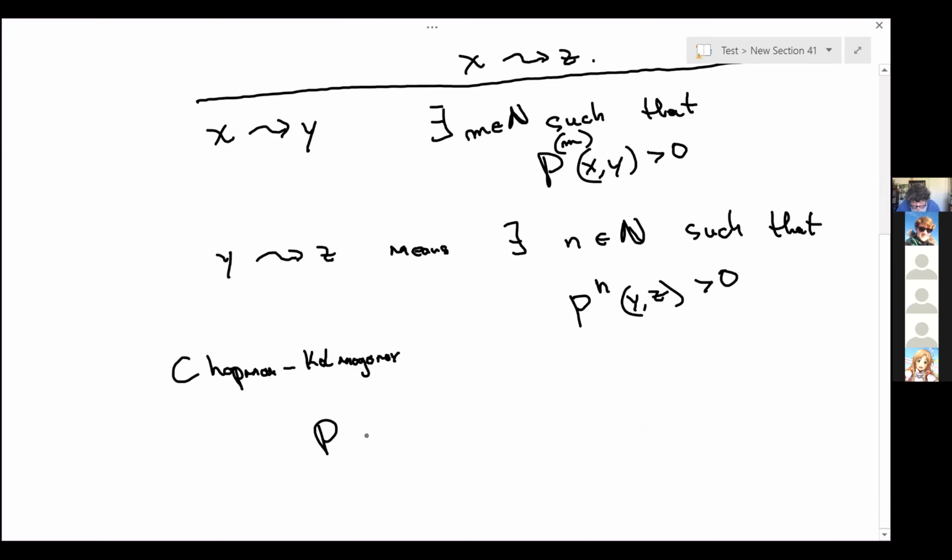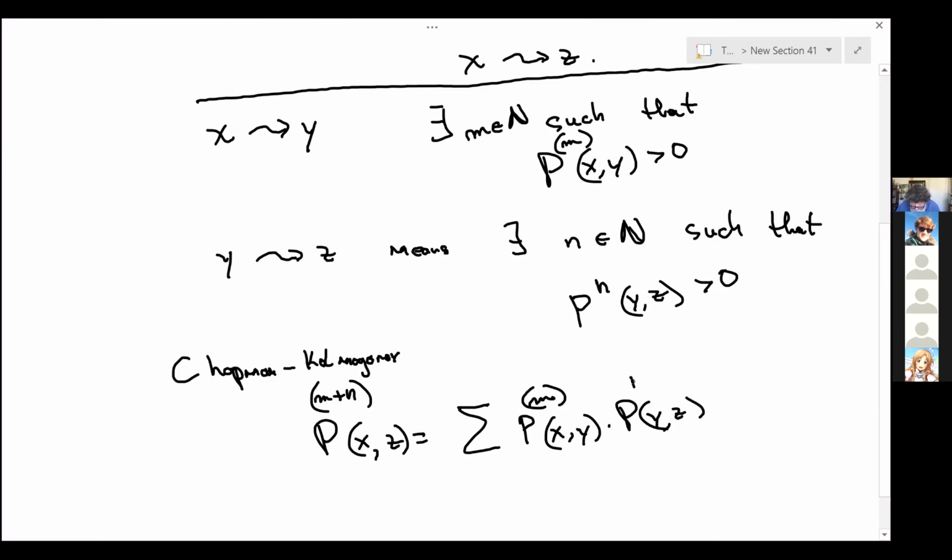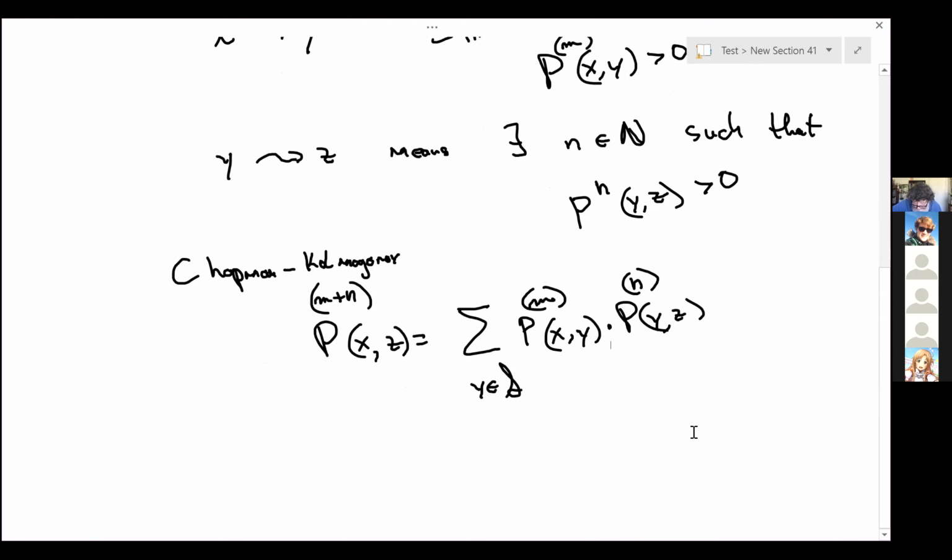That says if you want to go from X to Z in time m plus n, you can do it by first going from X to Y in time m, and then go from where? Y to Z in time n, and sum up over all the places that you were in between. Okay, so this is the Chapman-Kolmogorov equation. Actually, we did it in class and it came up the other day in the office hour. So this is sort of nice.